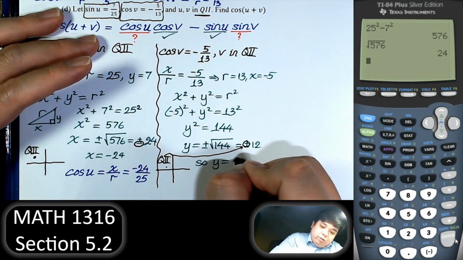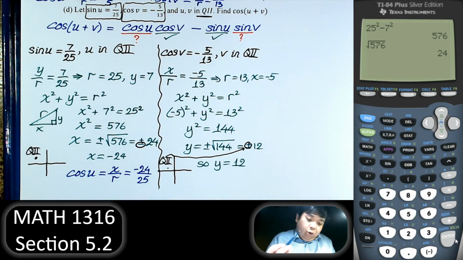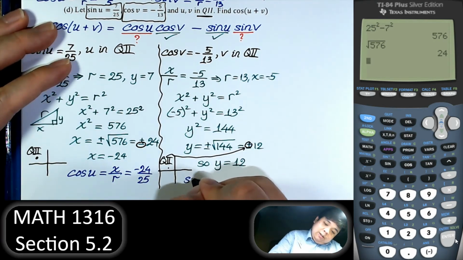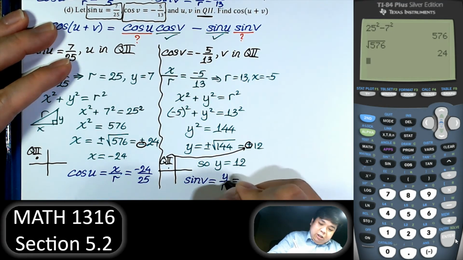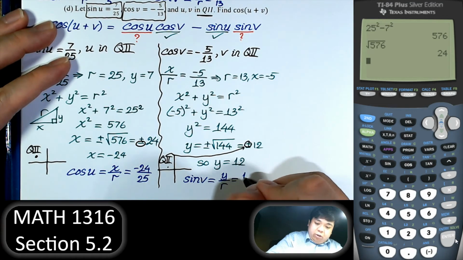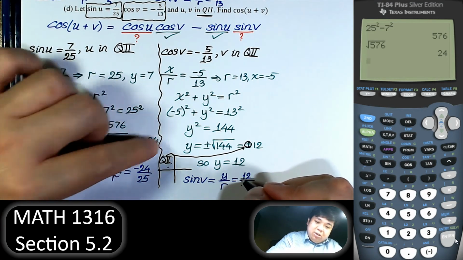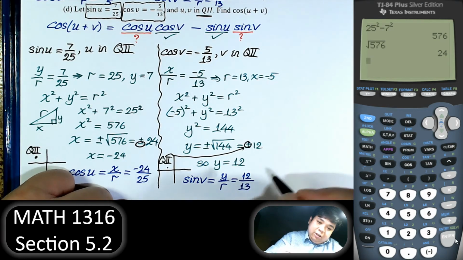So y is positive 12. And so for v, we just need to find sine of v, and sine is y over r. So y over r is 12 over 13.